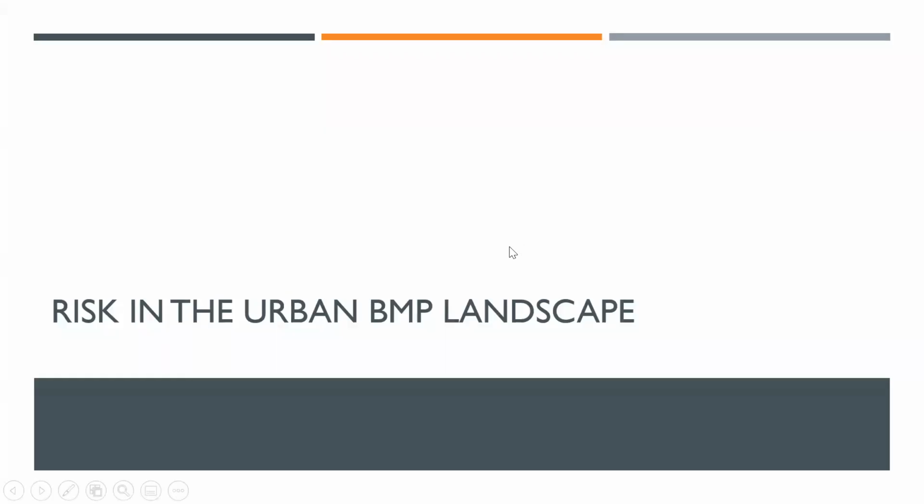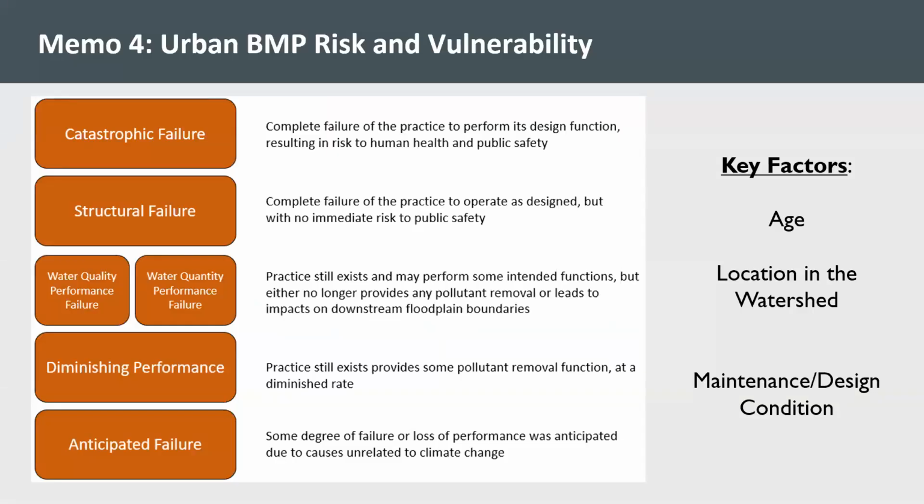But with that, I'll go ahead and start transitioning into the risk and vulnerability piece, right? So this is basically the framework that we wanted to use when looking at BMP risk and vulnerability.